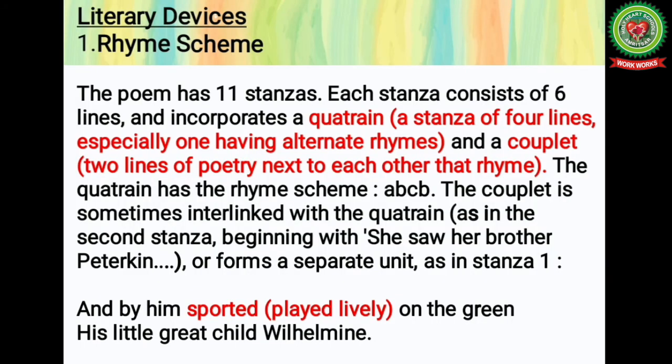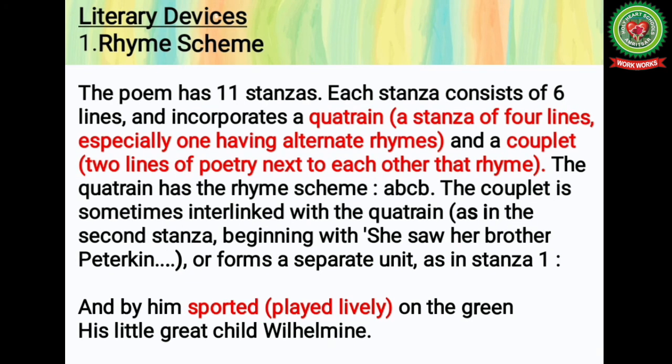Students, here the poem has 11 stanzas and each stanza of the poem contains 6 lines and incorporates a quatrain and a couplet. The end rhyme in each stanza except the second stanza is A, B, C, B, D, D. That is, the second line rhymes with the fourth and the last two lines rhyme with each other.